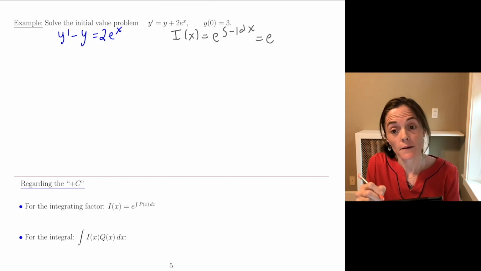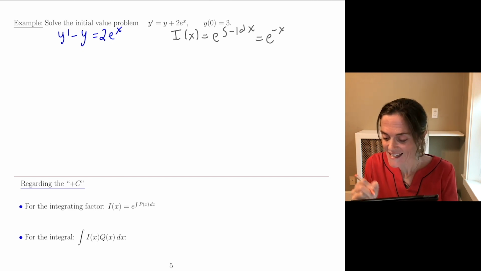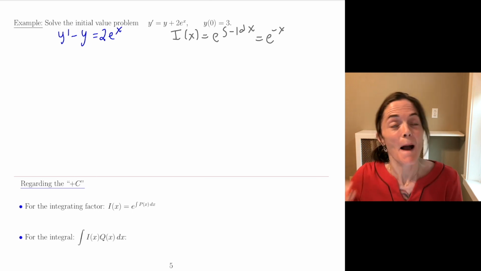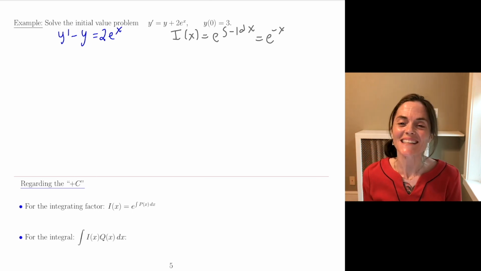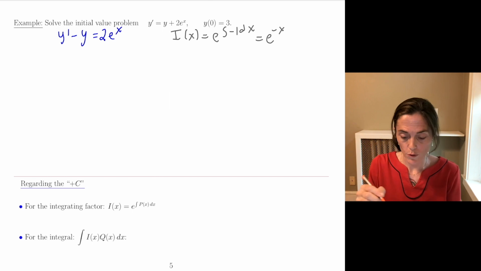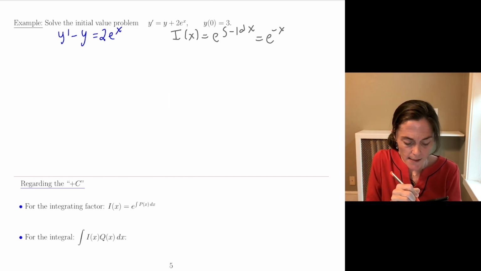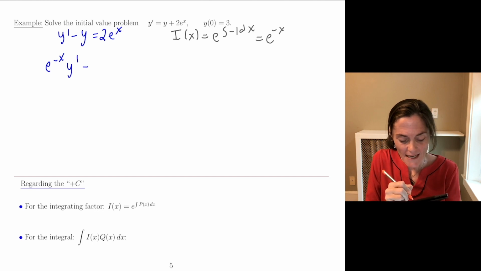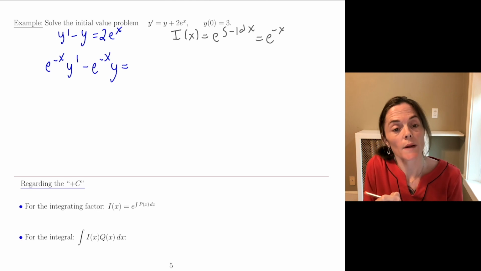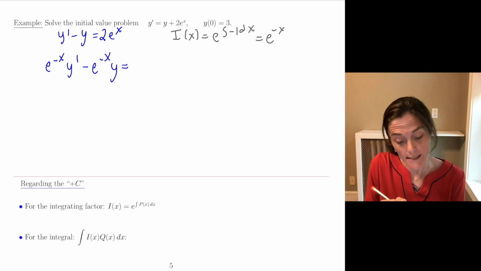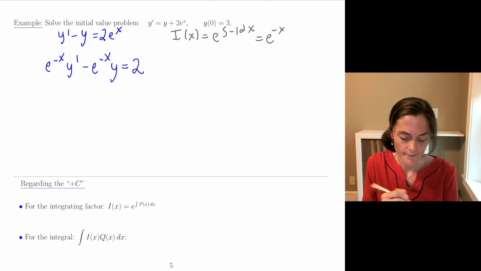We can use minus x as an antiderivative for minus 1. Okay, great. So we multiply through by e to the minus x. We have e to the minus x y prime minus e to the minus x y. Here, when I multiply through by e to the minus x, I just get 2.